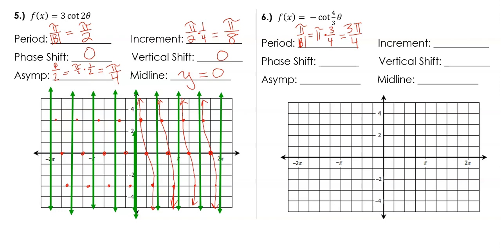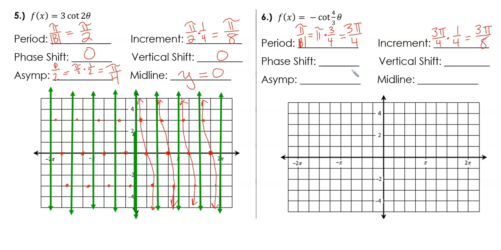Then when I look at my increment, my increment is going to take that period and divide it by 4, or multiply by 1/4. So that 3 pi over 4 times 1/4 is going to be 3 pi over 16.